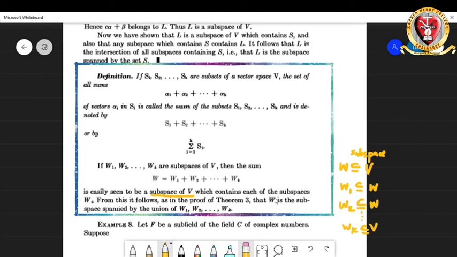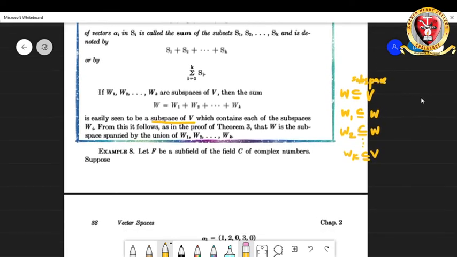You can verify it to show that W is a subspace of V, and W1, W2, etc., Wk are subspaces of W in turn.